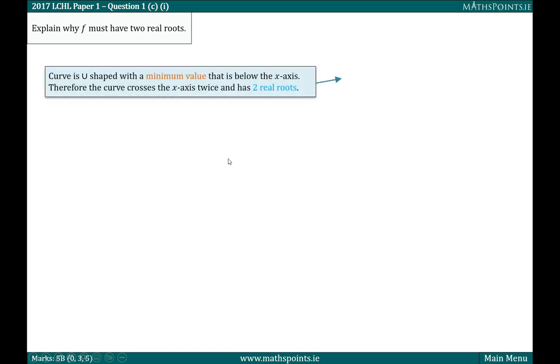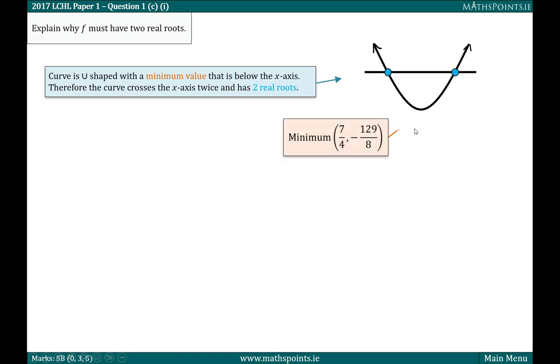So the C part 1 says, explain why the function has 2 real roots. So we know that this was a U-shaped function, and a U-shaped function will go up and down forever, and the minimum value of that function we know is 7 over 4, minus 129 over 8.